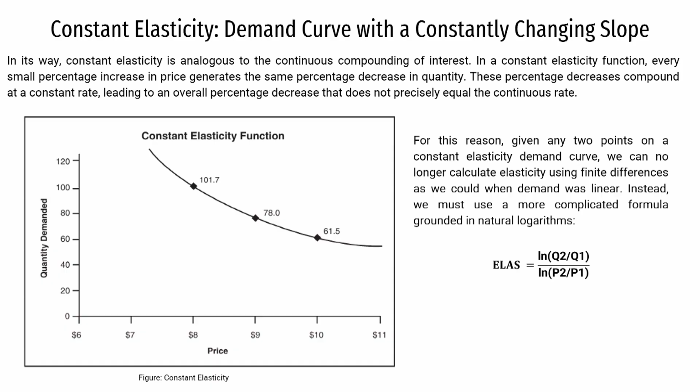that is Q(P) equal to A multiplied by P to the power of elasticity. So, in a way, constant elasticity is analogous to the continuous compounding of interest. What does continuous compounding of interest refer to? Basically, let us say I invested 100 rupees and the rate of interest is 10%.